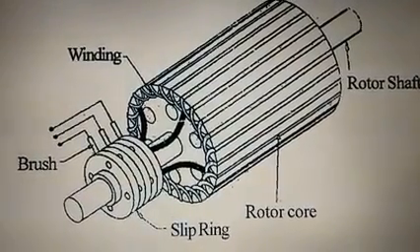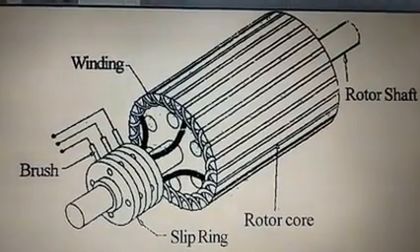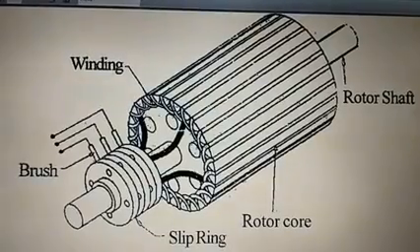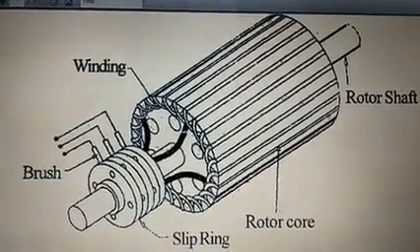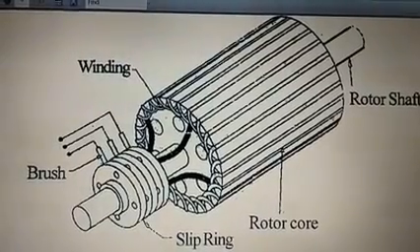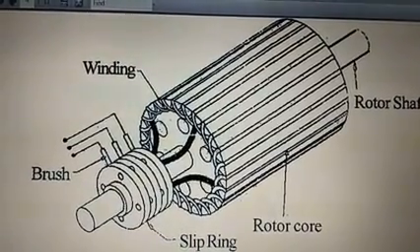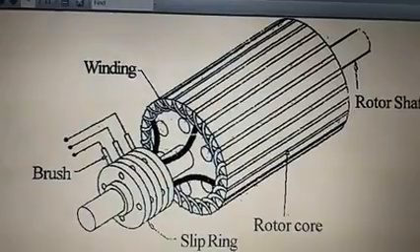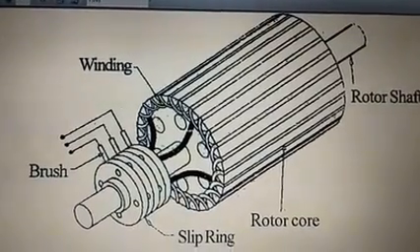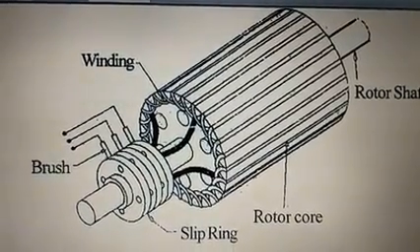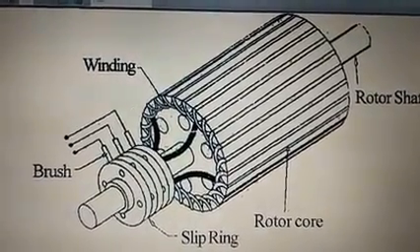The rotor of the slip ring induction motor is also cylindrical and constructed of laminations. Squirrel cage motors have a rotor with short circuited bars, whereas slip ring motors have wound rotors having 3 windings, each connected in a star. The windings in this type of rotor are made of copper wire.